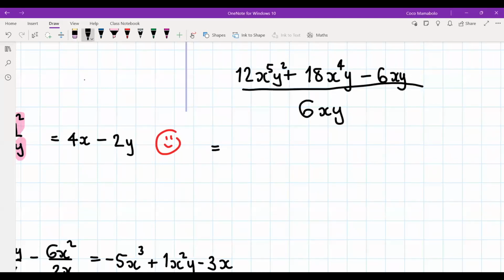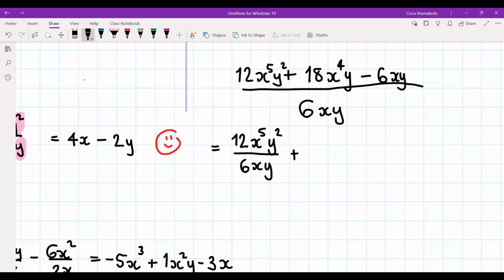So what am I writing? It's 12x to the power 5 y squared over 6xy. Good.